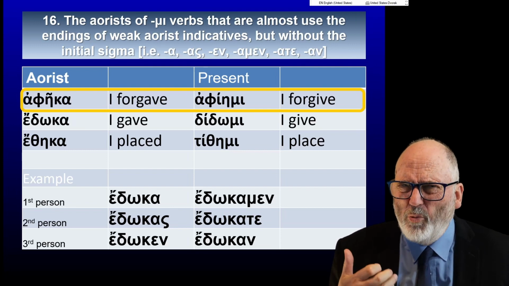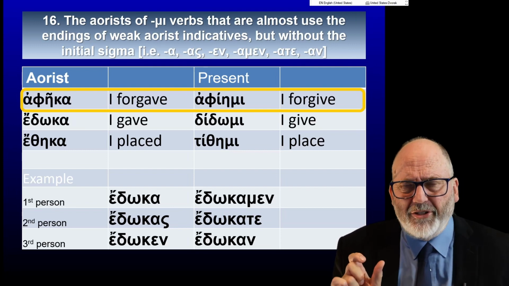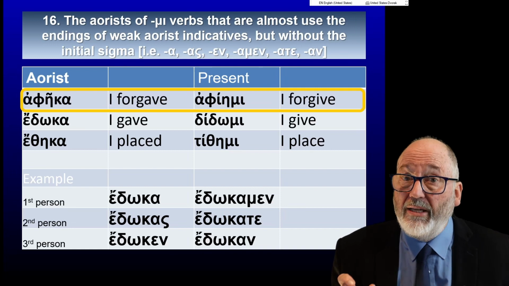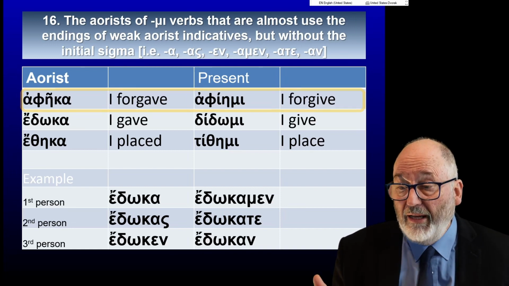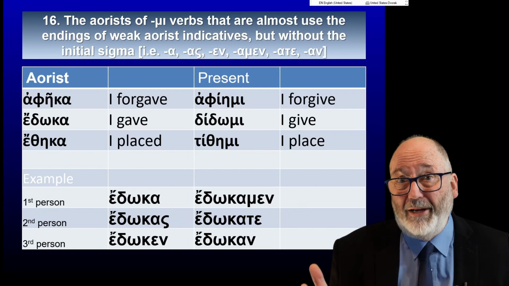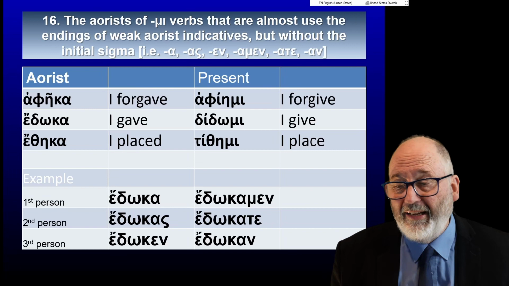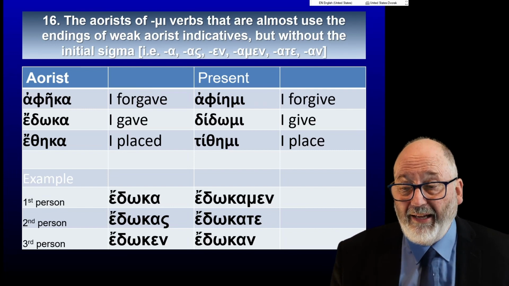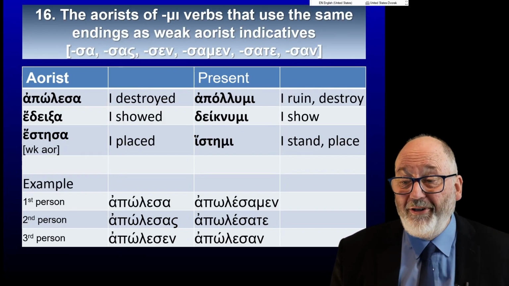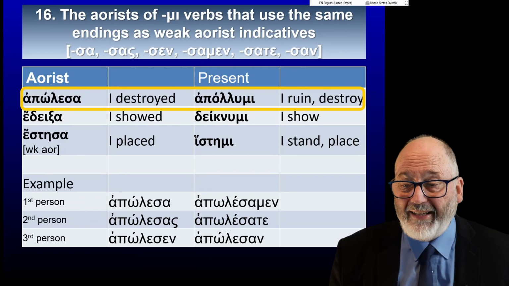They might be using weak aorist endings, but like the strong aorist, the only way you'll know the aorist indicative active of aphiemi is by memorizing aphēka, and didomi and edōka, and tithemi and ethēka. And it's the same with apollumi and apolesa.